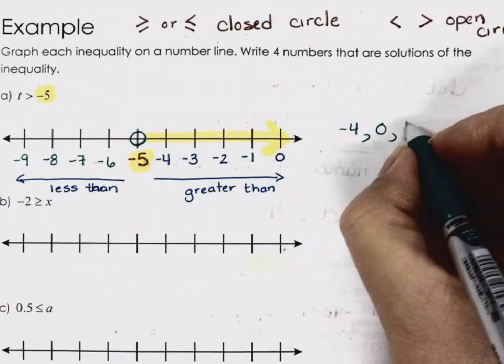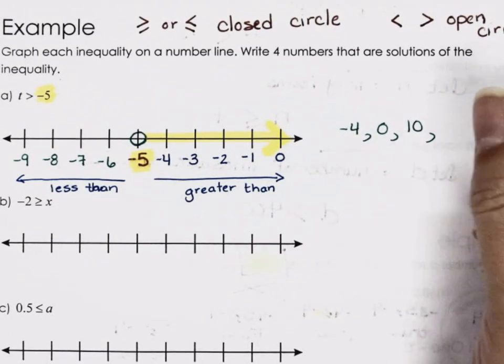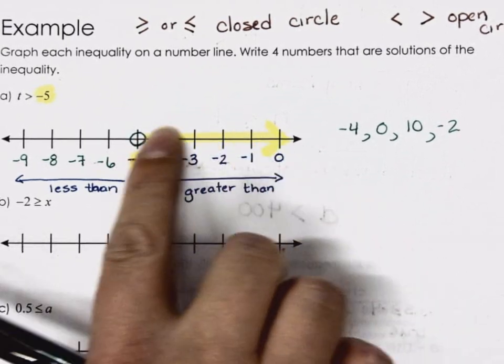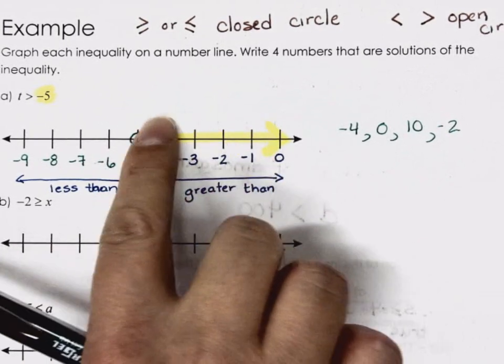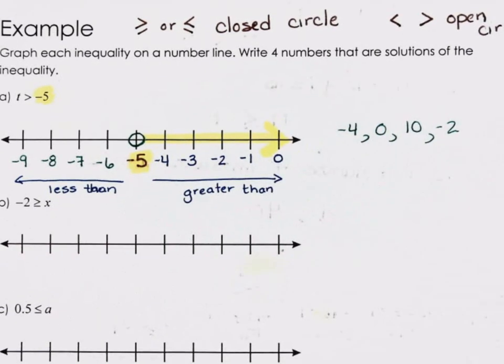What if I wrote 10? Does that still work? Yeah, because it's still greater than. And I'll pick another one. Maybe I'll pick -2, because all of those fall in this arrow here. Now, 10 is off this, obviously, but we know 10 is definitely greater than 0.